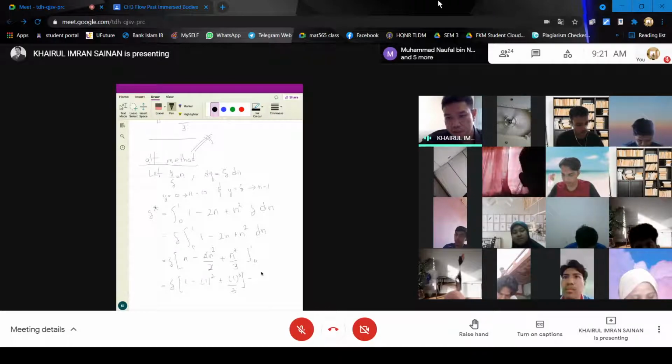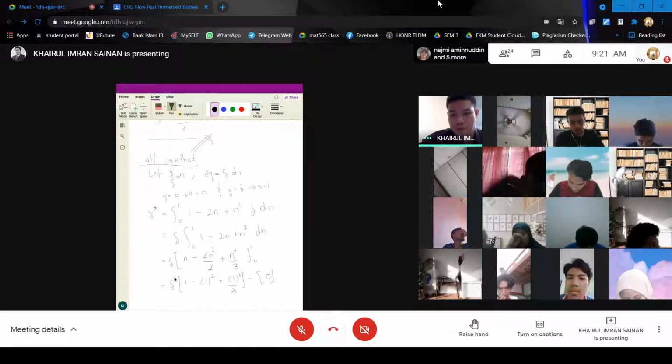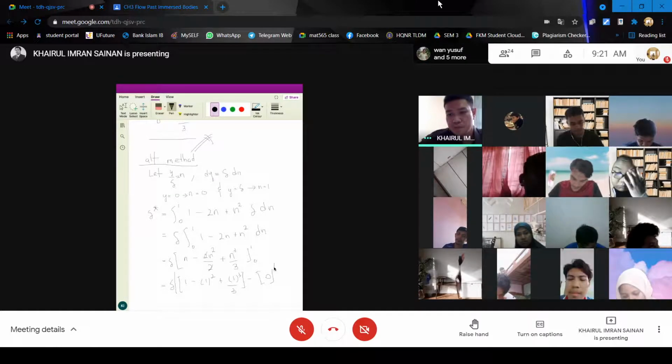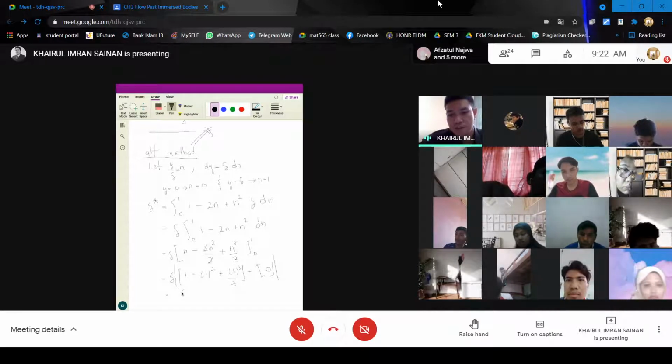So this one is minus 0. Since all have n, we put 0 there, so it becomes 0. So the final value will be the same. Delta star is actually delta over 3.